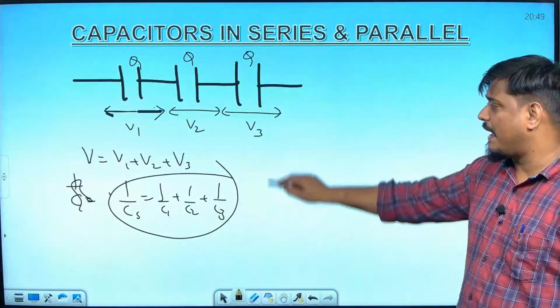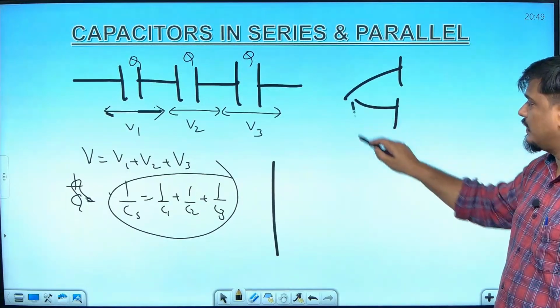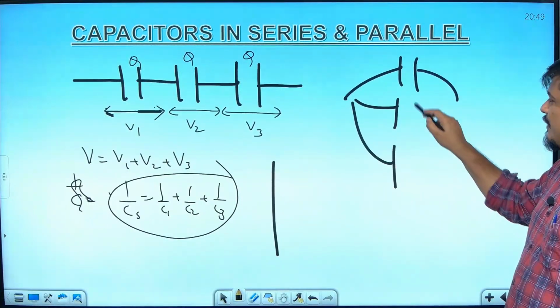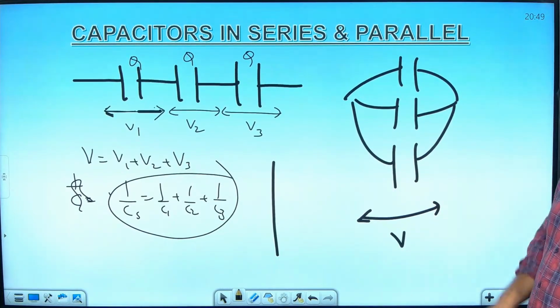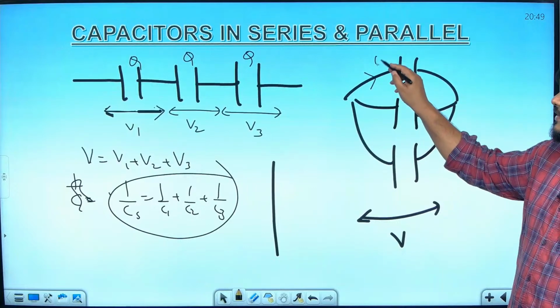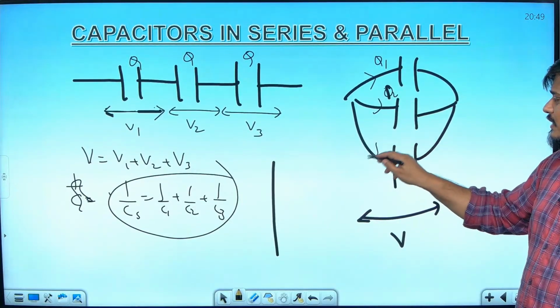If it becomes a parallel connection, then all the positive plates are together and all the negative plates are together. In this case, what remains same? Voltage remains same and charge gets divided: Q1 here, Q2 here and Q3 here.